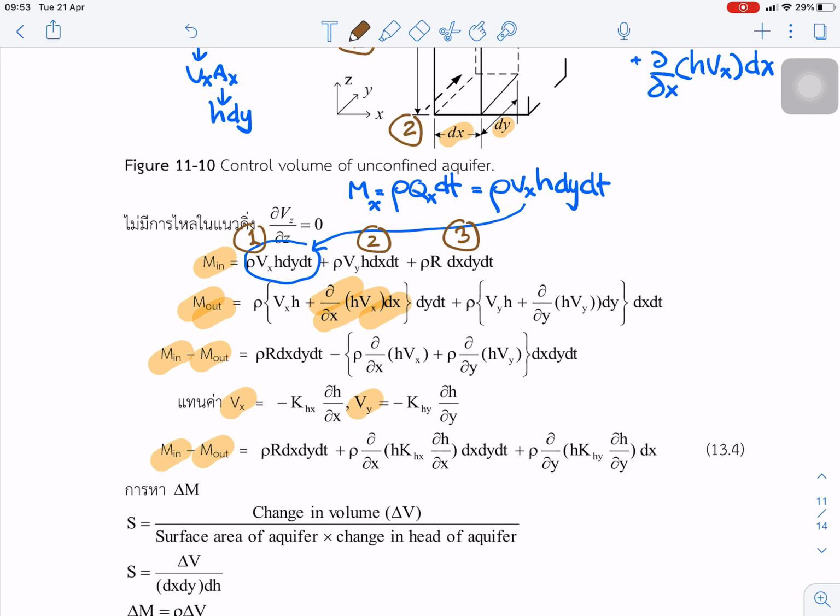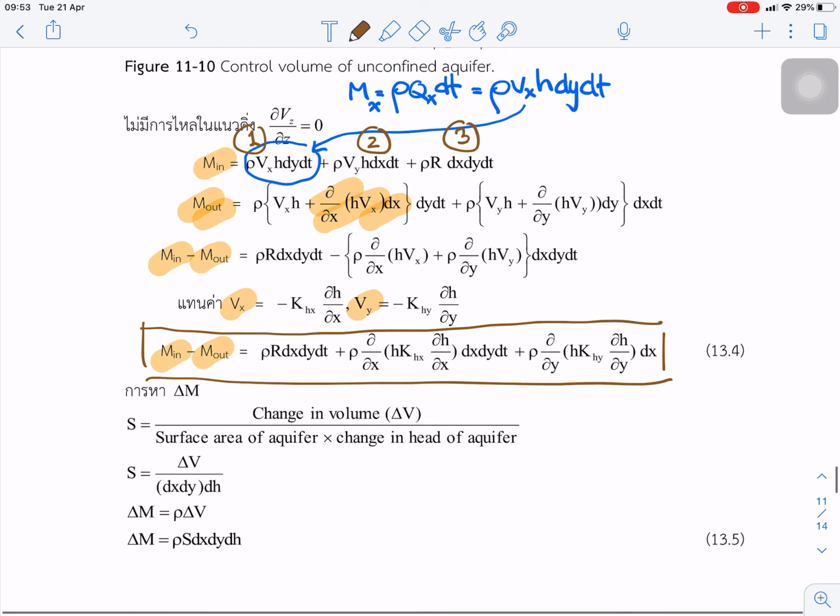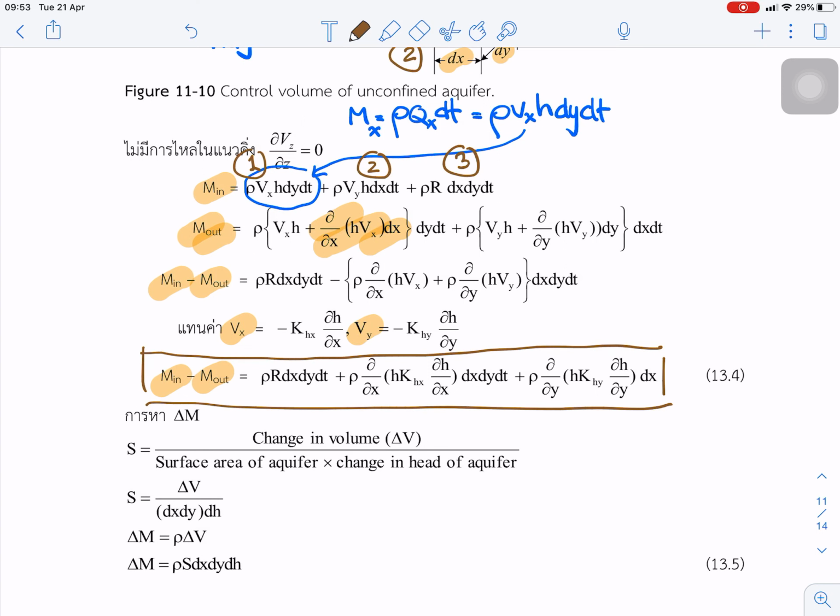the first equation, the change of mass. Okay, for the right-hand side, to estimate the delta m, in this case we have to use the definition of the storativity, the storage coefficient, which is the volume of water taken from the aquifer with respect to the area.